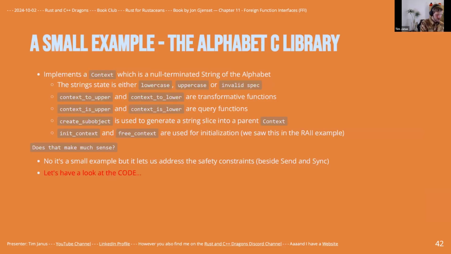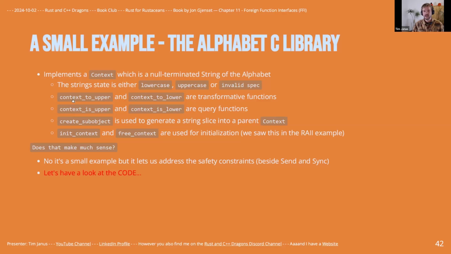Okay. I just check shortly. I have a small example, and you can also see this on GitHub later. I just wanted to play around and see for myself how I can implement these safety features like the lifetimes and so on, and do it manually. So I ended up with a context type, which is just a null terminated string.